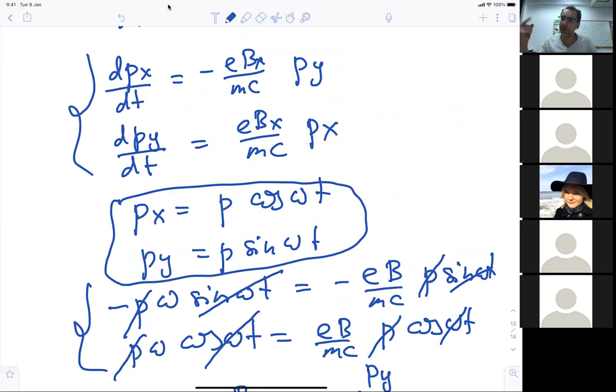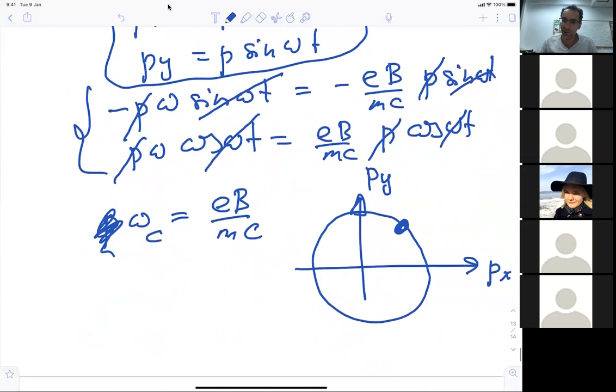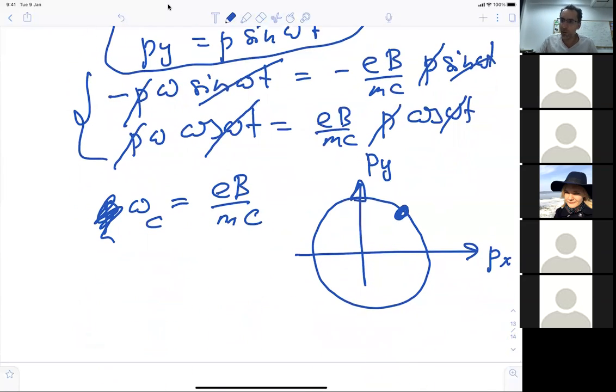So the momentum oscillates. Yes, so it goes around the circle. So the absolute value of the momentum is fixed, because the energy is conserved. A magnetic field cannot change the energy. So there is a vector of the momentum.